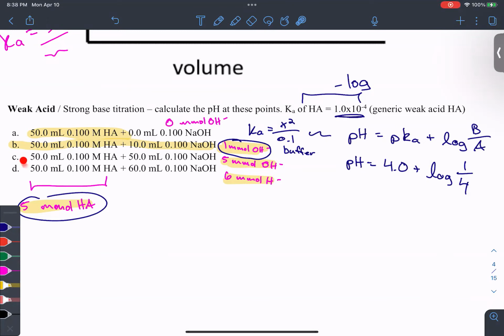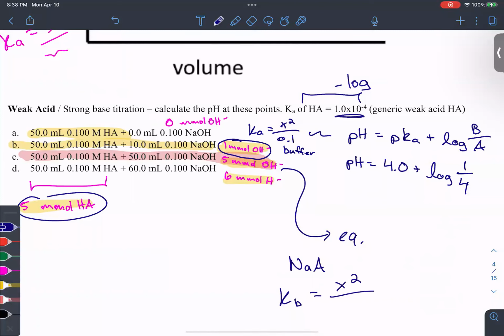Okay, what about point C? What is that? Anything special about this point? That's your equivalence point, yes. So at your equivalence point, you only have NaA present. This is a base. So we're gonna use our Kb expression, equal to x squared over concentration of the conjugate base. What's its concentration?